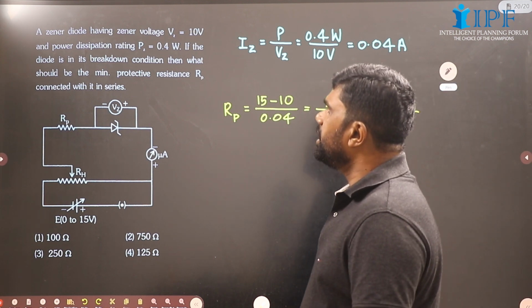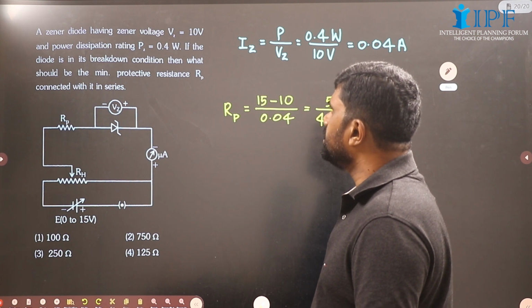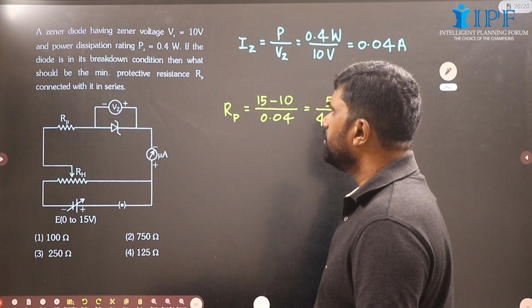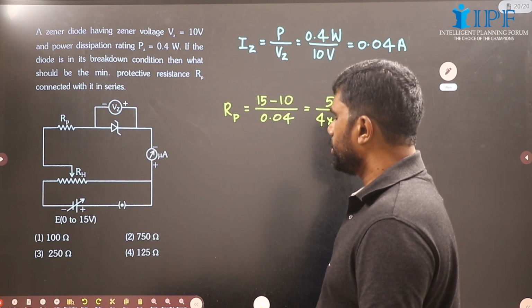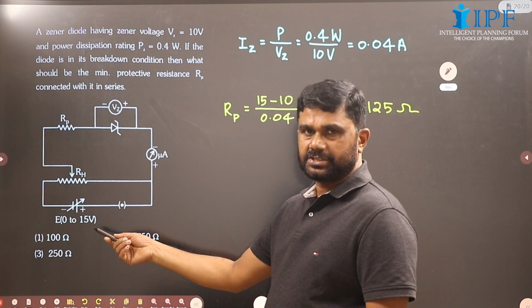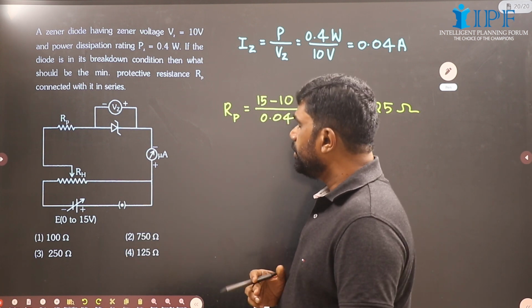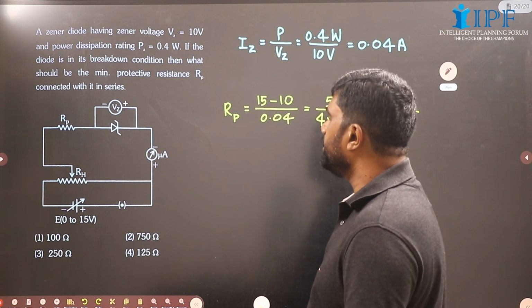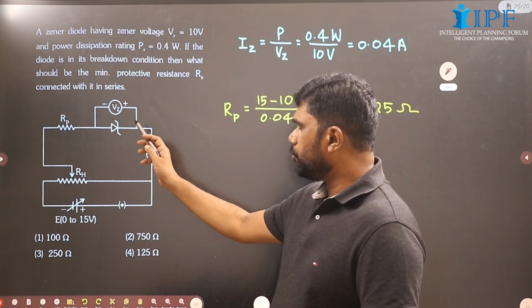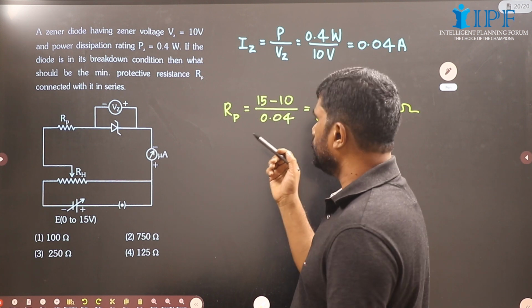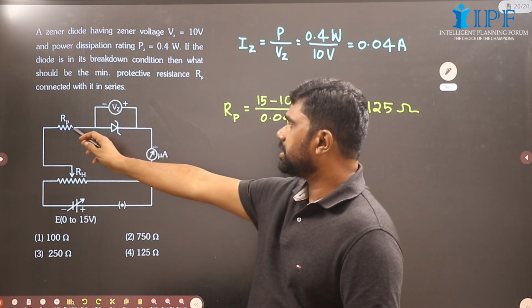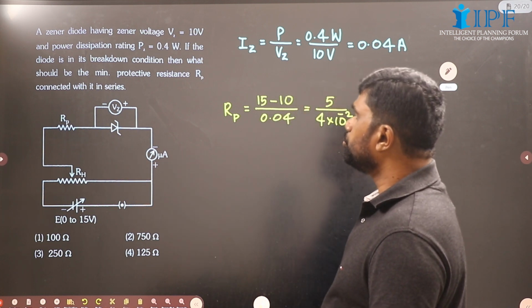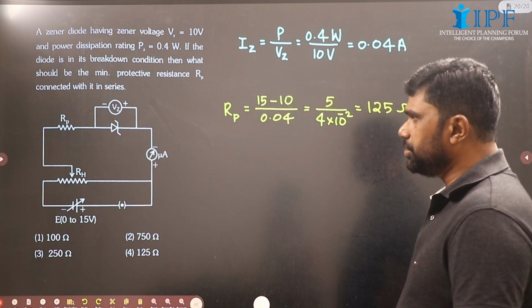Now, if the diode is in its breakdown condition, what should be the minimum protective resistance Rp connected with it in series? See, the maximum voltage is 15 volt, and the voltage across this Zener will be 10 volt, so the voltage across the resistor will be 5 volt. The current through the Zener diode is 0.04, and the same current passes through the protective resistor.